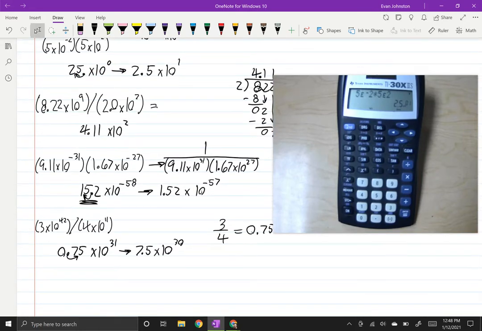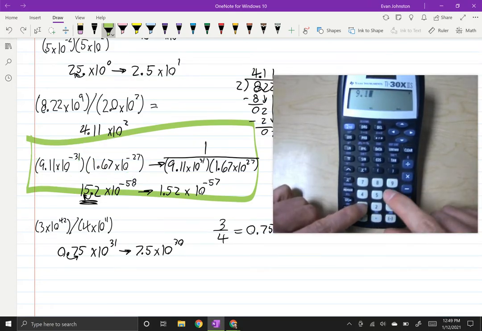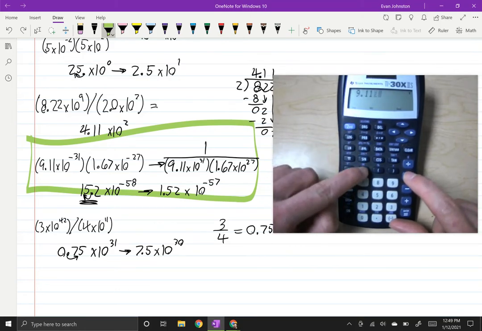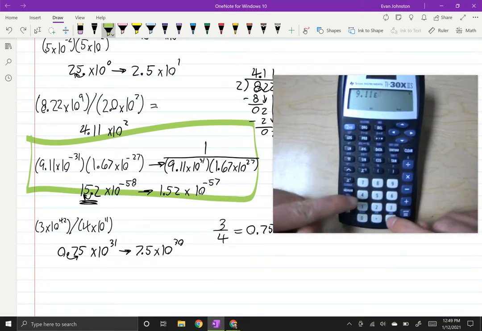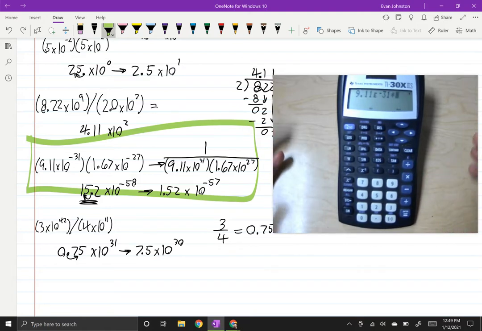And now let's do just one final third one, just for sake of practice with some negative exponents. Let's say we're multiplying this mass of an electron by this mass of a proton here. And so we have this 9.11 times 10 to the negative 31st multiplied by, and I don't have to deal with parentheses because I'm doing it this way.